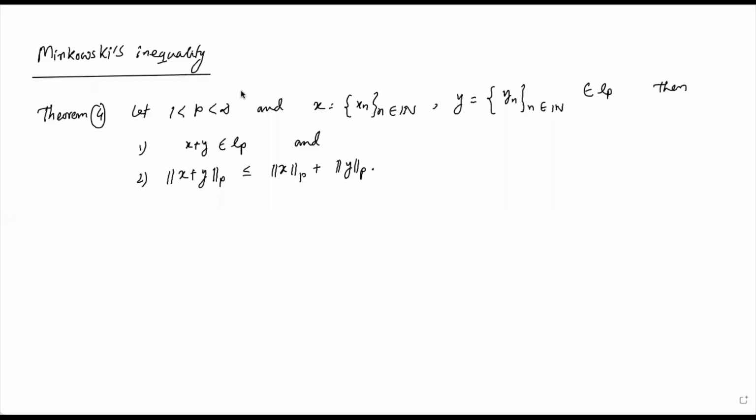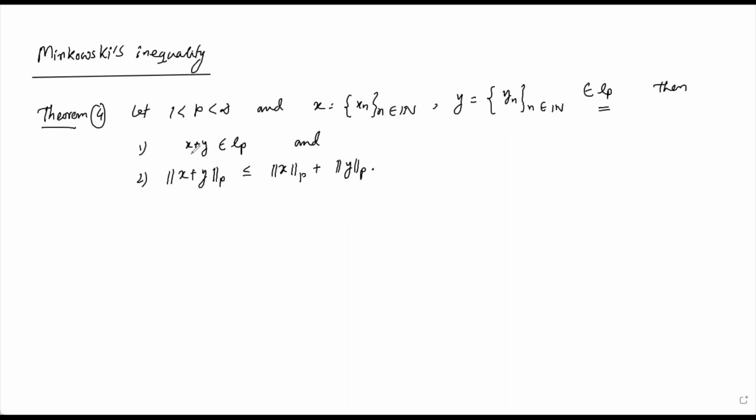Now we prove Minkowski's inequality. Here is the statement: let p lie between 1 and infinity, and let x equal to the real sequence (x_n), n belongs to the set of all naturals, and y equal to the sequence (y_n), n belongs to the set of all naturals, belong to l^p.